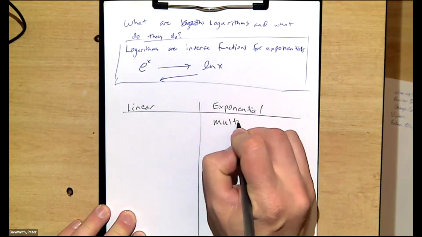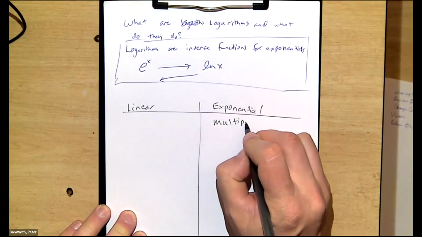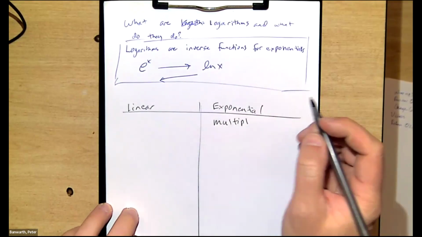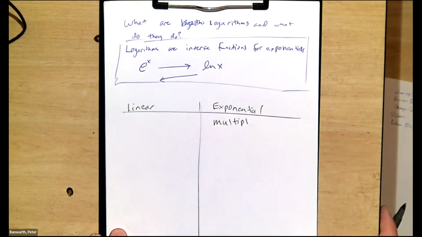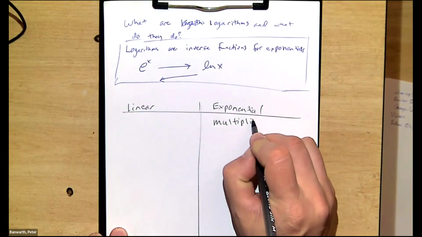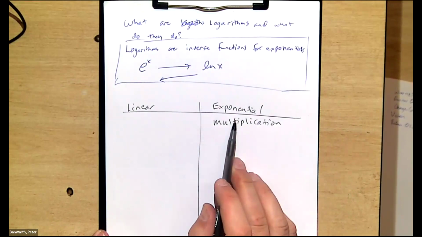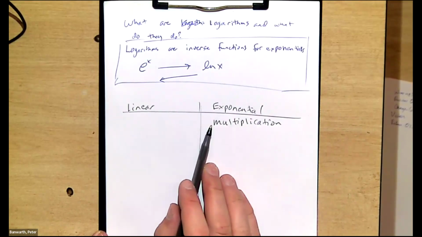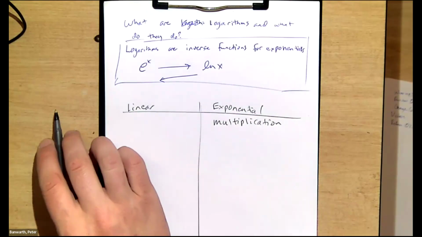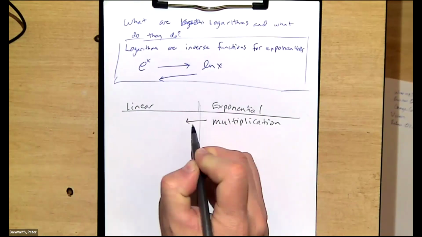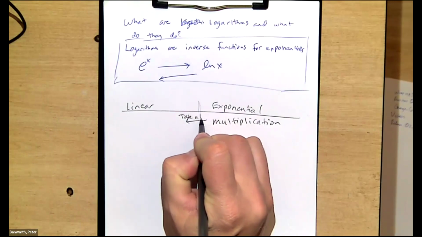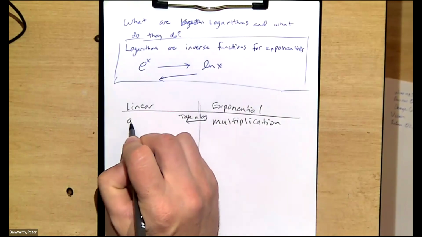And in the exponential world, multiplication. What's the linear analog of exponential multiplication? Addition. And to get there, you take a log, and you get addition.